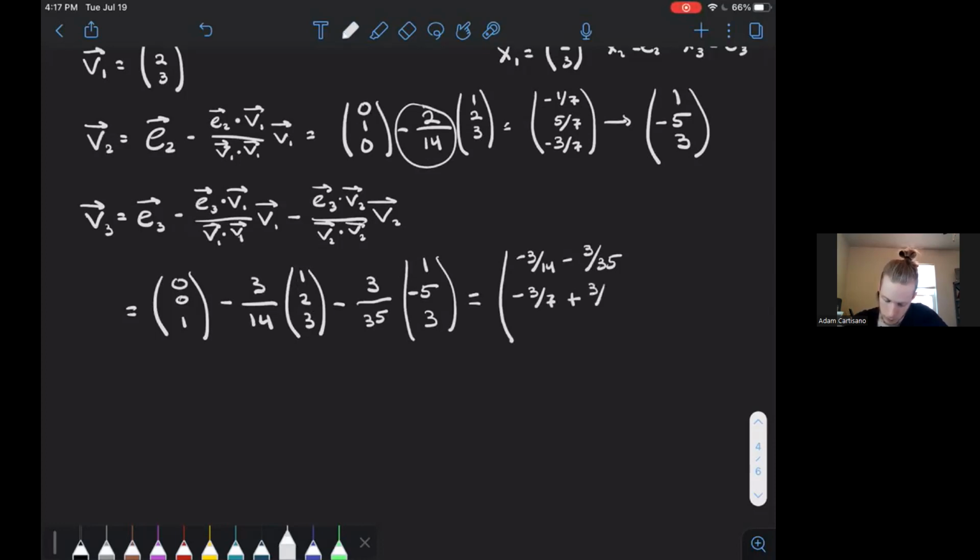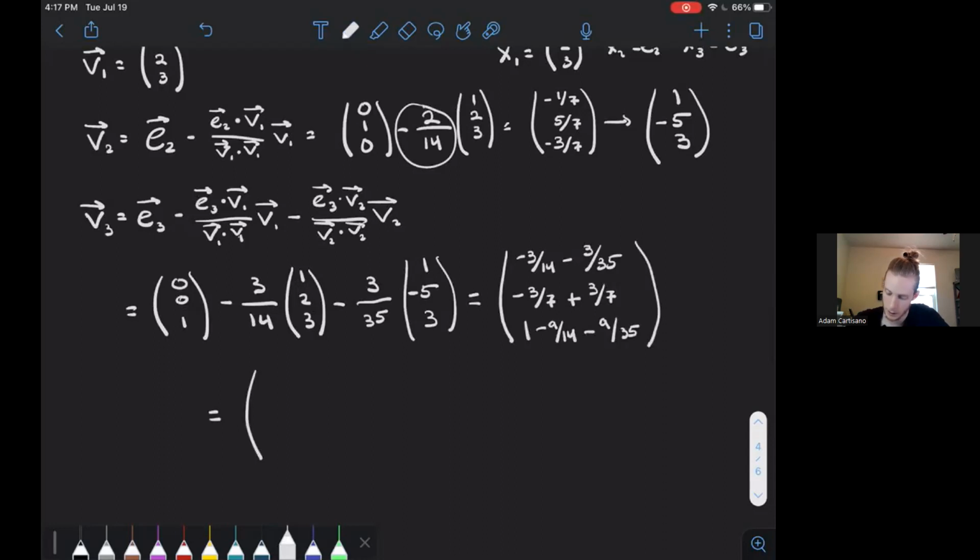Wow. Okay. And then 1 minus 9/14 minus 9/35. Okay, that's not as nice. We can do some arithmetic though. So notice the common denominator of 7 everywhere. That's what we've got to work with.